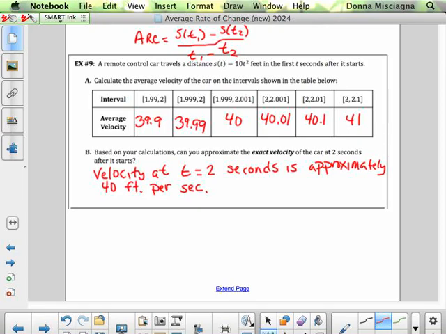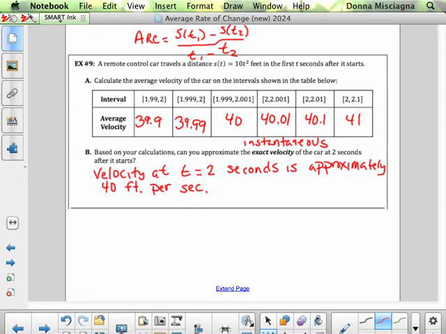That brings out an important point. Exact velocity is also sometimes called instantaneous rate of change. Instantaneous rate of change or velocity. It's hard to write and talk at the same time.